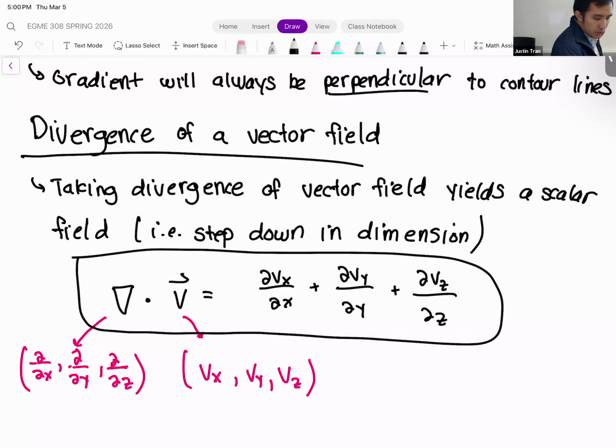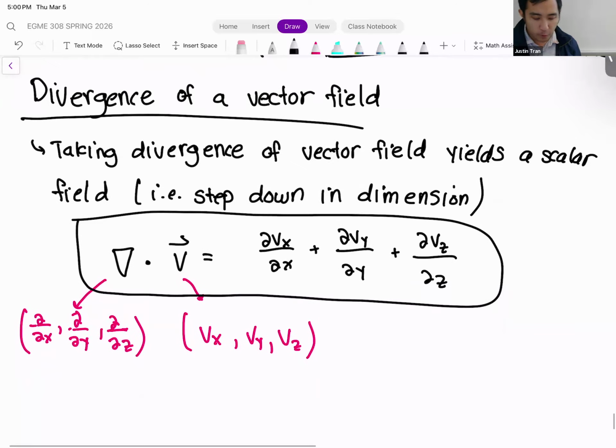Divergence is very straightforward to compute. As long as you know each component of your vector field, you take the x derivative of the x component, the y derivative of the y component, the z derivative of the z component, add it all together, and you end up with the divergence.